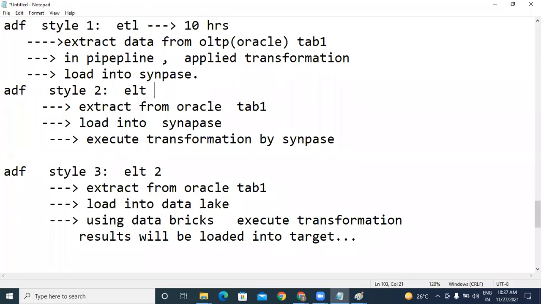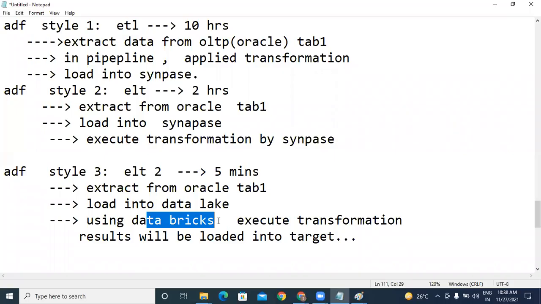The second model will take 2 hours. The third model will take 5 minutes. Here the weapon is Databricks. Databricks is a Spark environment, a Spark cluster.